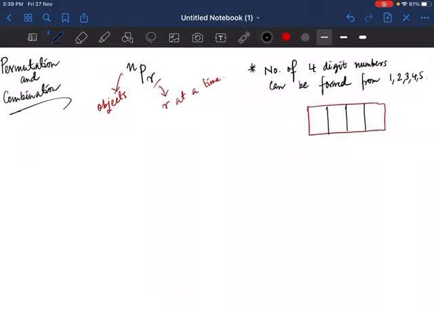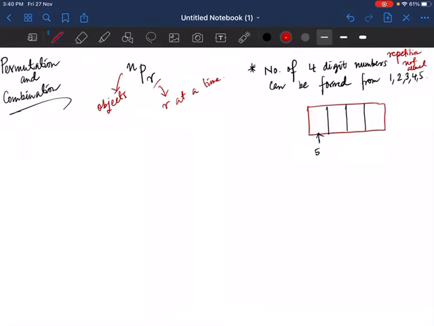So the first compartment can be filled in, sorry, it will be filled in 5 ways because there are 5 numbers. Any of the 5 numbers we can put in the first compartment. Now here repetition is not allowed.